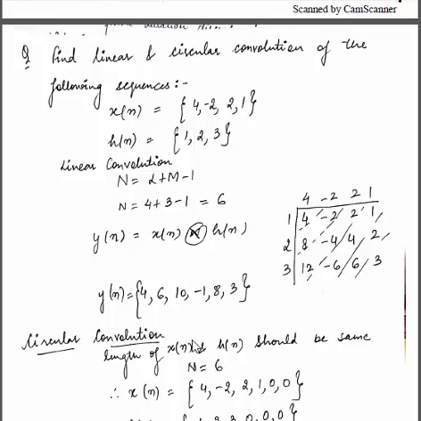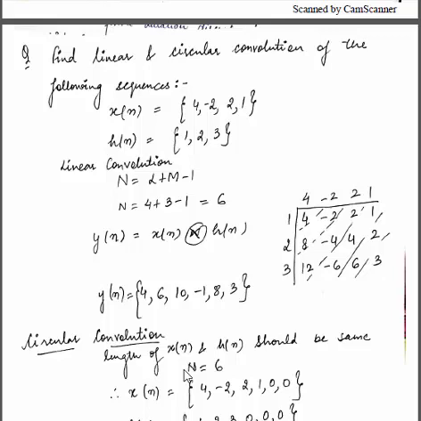And second is circular convolution. Now the length of linear convolution is 6. Now we have to find the circular convolution of x of n and h of n. But to perform circular convolution, the length of x of n and h of n should be the same.